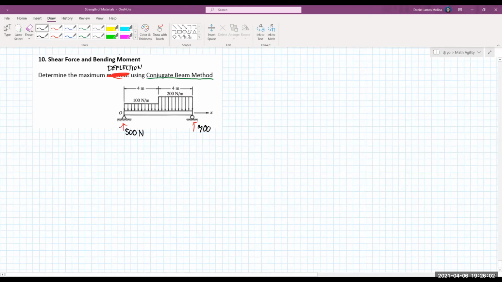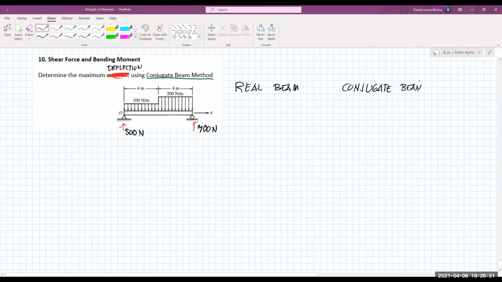For us to use the conjugate beam method, we must first determine our conjugate beam. A conjugate beam is a fictitious beam. Let's compare that to the real beam. So we have the real beam here. I'll give some concepts of the conjugate beam.